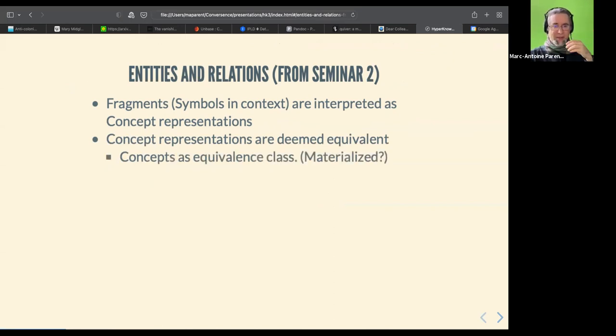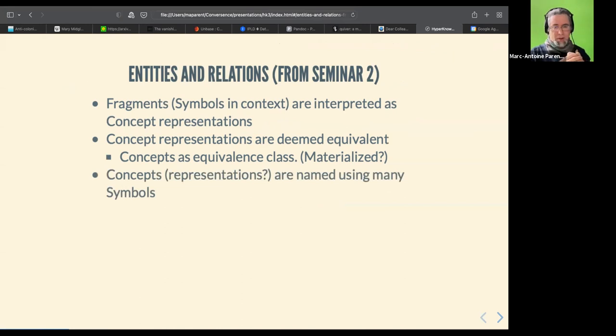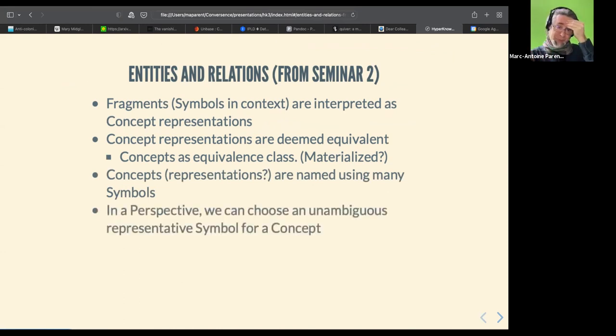I said maybe materialize, and I'm getting there, and we'll get into when I want to materialize this. Concept representations are named using a multiplicity of symbols. Names are in many-to-many representation relation with concepts. In the perspective, we can choose an unambiguous representative symbol for a concept.